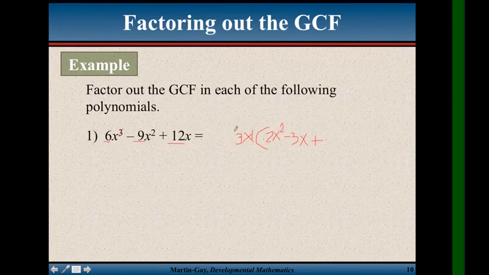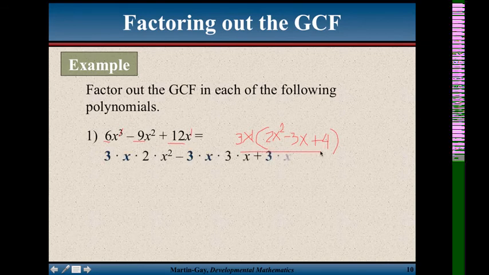Plus 12 divided by 3 is 4, and x divided by x, since they both have the same exponent, the answer is 0, and x raised to 0 is equal to 1, and 1 times 4 is 4. So that's automatic. So this is our answer for this particular example in factoring out the GCF of this polynomial.